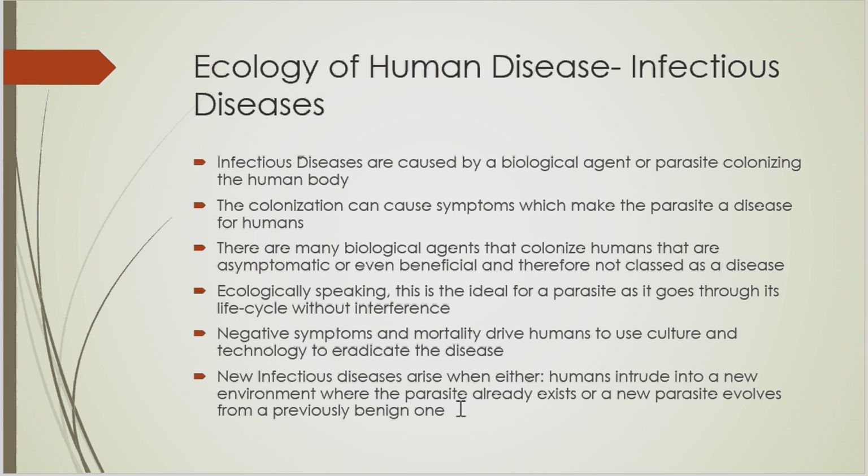So these new parasites can reach into the human population, and they're actually called a zoonosis. And unfortunately, when these zoonoses reach into the human population, they can often be quite severe because the parasite has not adapted to the human host yet and can cause very severe symptoms and death. Okay?